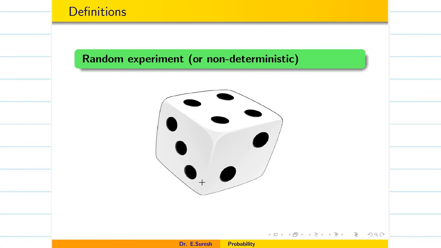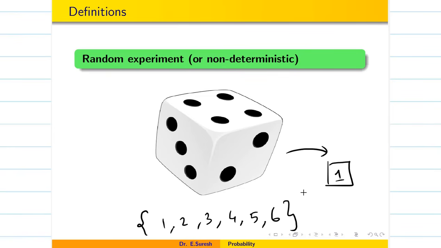Similarly, if I take a die, the die has 6 sides: 1, 2, 3, 4, 5 and 6. Whoever throws a die once, you know you are going to get 1, 2, 3, 4, 5 or 6. You know the possible outputs.